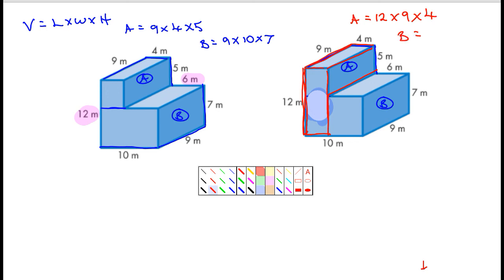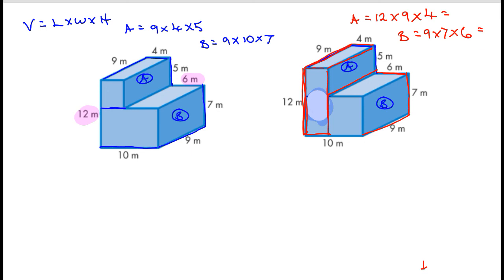B would equal, well, how about 9 times 7 times what? Length times width times height. Well, 6 wouldn't be the height, but you get the idea. It's going to be one of the 3 that we would use. 6 equals. Well, you wouldn't have 2 equal signs, but I think you guys get what I'm saying here.